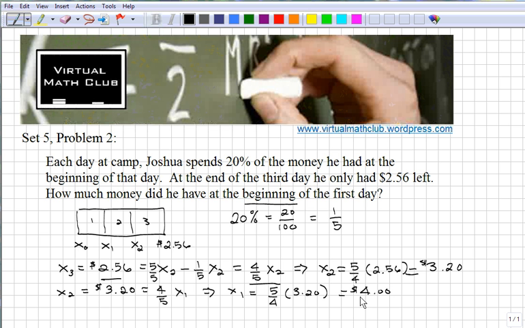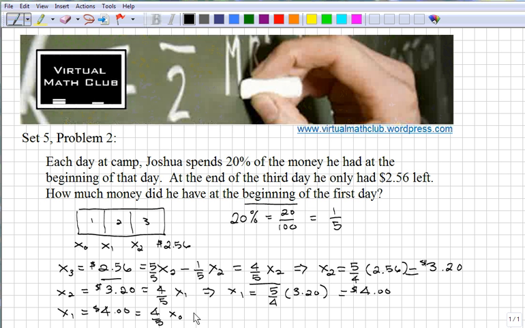Okay? So now we have the amount of money he had at the end of the first day, but we're asked to find the amount of money he had at the beginning of the first day. So we've got to keep going. So x1 is equal to $4, and that was just 4/5 of the amount of money he had at the beginning of that day, right?